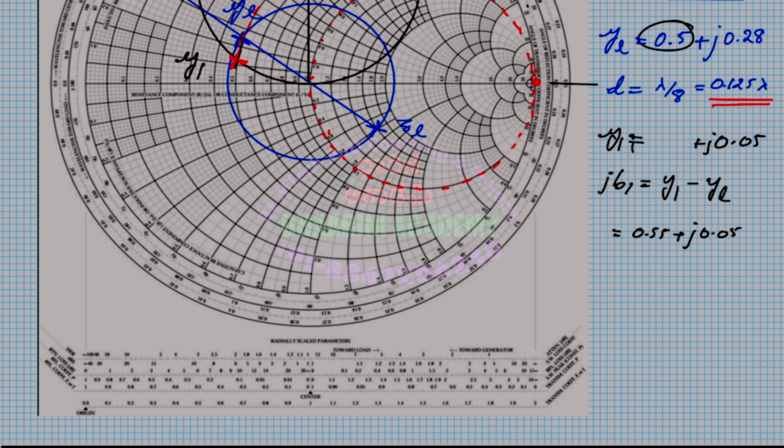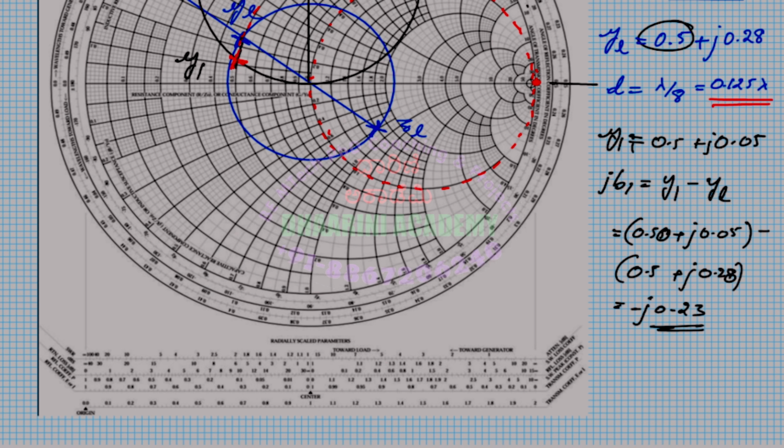So y1 is 0.5 plus j 0.28, and subtracting 0.5 gives minus j 0.23. Is that fine? Just verify once.